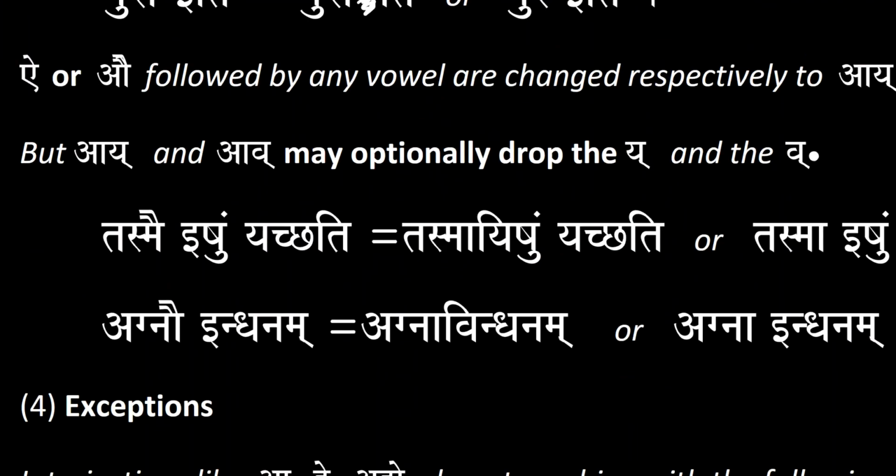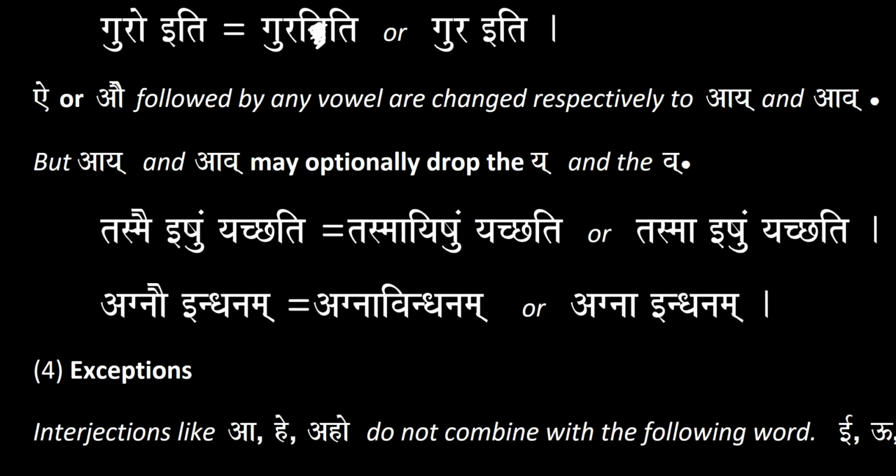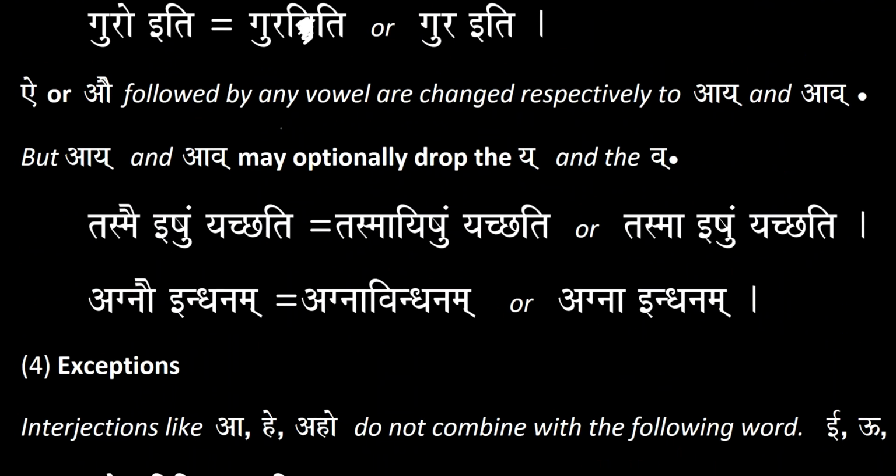In the next example, e and o followed by any vowel are changed respectively to ay and av. But ay and av may optionally drop the ya and the va, just like the earlier examples. So here we have tasmai ishum yachati. The tasmai is going to turn into tasmay. So tasmay ishum yachati.